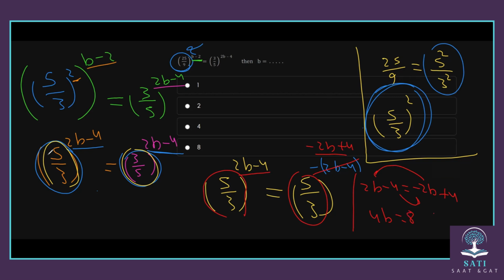Then divide by 4, so b will give you 2. So in both cases b was 2, and you can choose the way you want here of these two steps, or you can also substitute the choices if they are easy, directly substituting them to get the answers. So here you have 3 ways to solve.